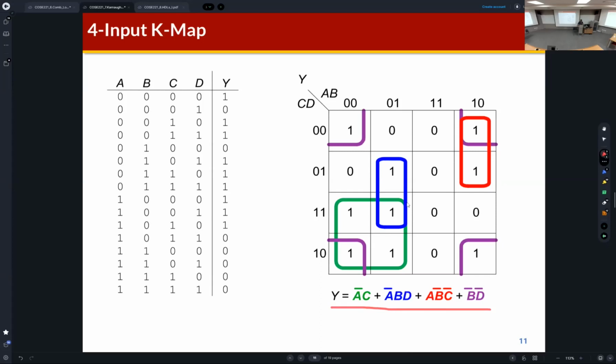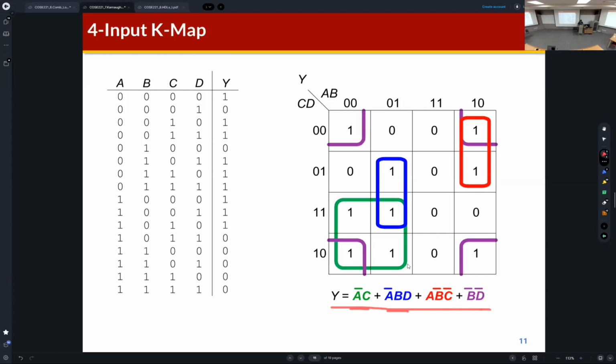And each group represents this term and this term and this term and this term. So this is the 4-input Karnaugh map, and if a certain group includes 4 ones, then we can represent this group using 2 inputs. Right? How? So let's focus on this group.